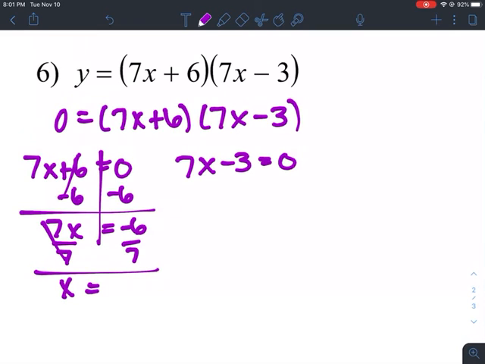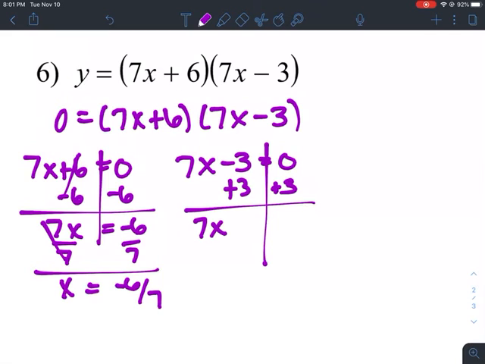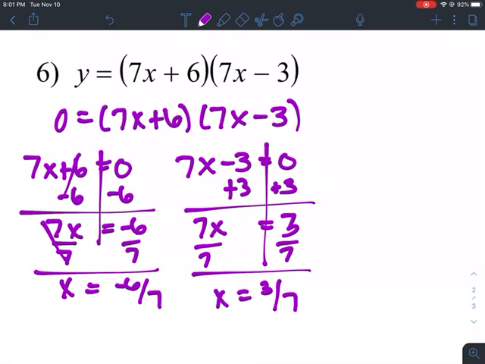I get x equals -6 over 7. And then for this one, add 3. Divide both sides by 7. And I get 3/7.